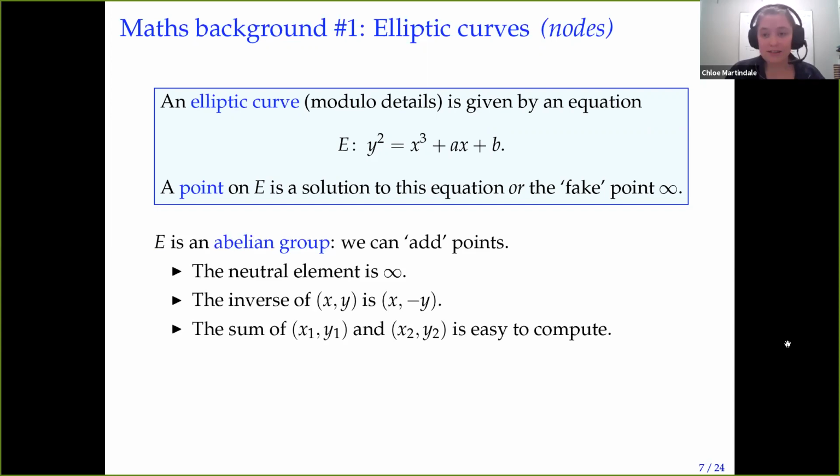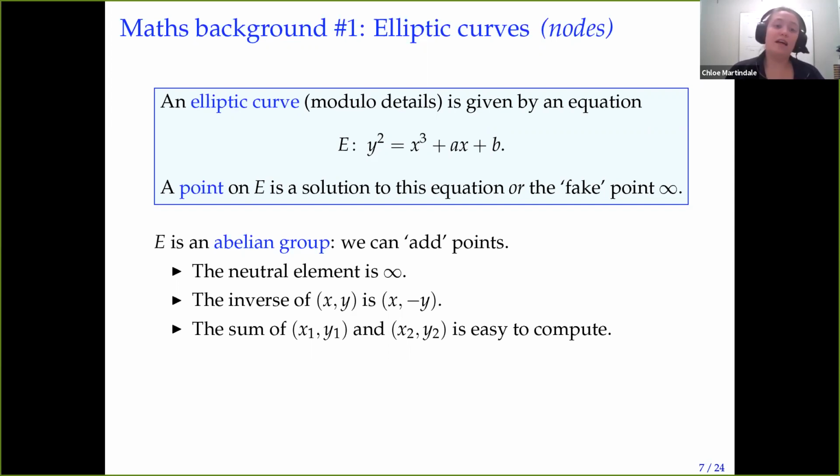So one of the main reasons these have been studied for such a long time is that it is actually an abelian group, right? So the set of solutions to the equation plus this point at infinity is an abelian group. We can add points. So add is just a formal definition of what we call addition. The neutral element, so the identity of the group, is that point at infinity.